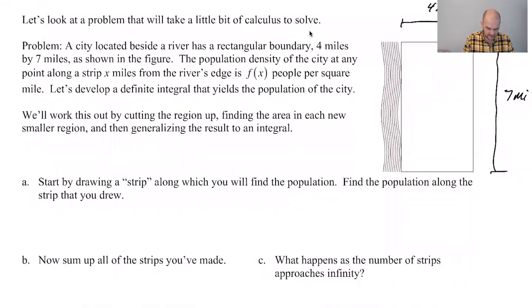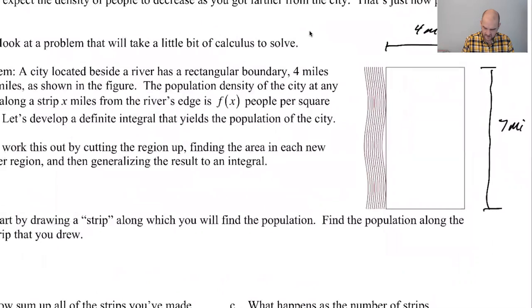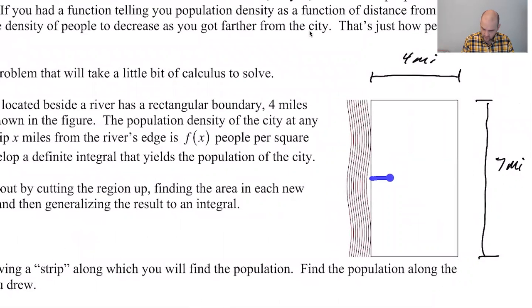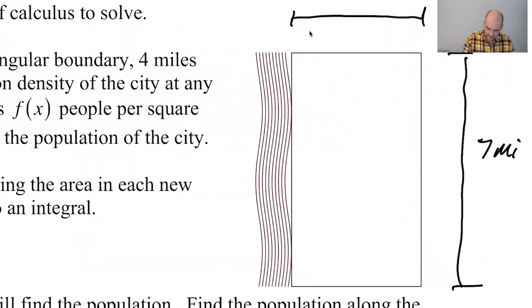We're going to start by drawing a strip along which we'll find the population. The density varies as you get farther from the water, right? So I'm going to say that this is x, and then this is y, but y is always going to be 7. So I'm going to slice this up into a bunch of rectangles, and we're going to have delta x's.